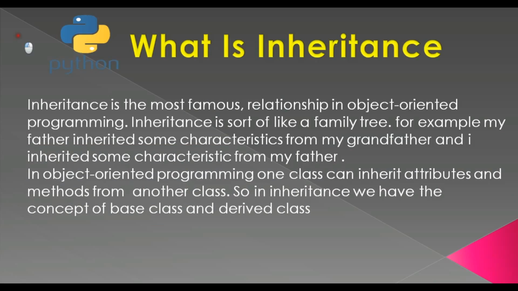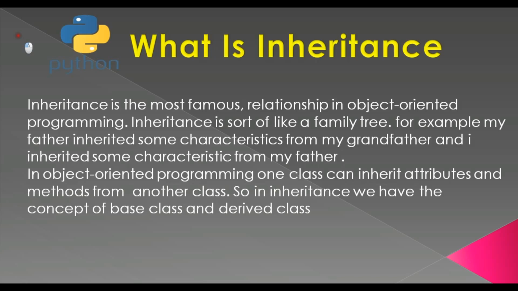Inheritance is the most famous relationship in object-oriented programming. Inheritance is sort of like a family tree. For example, we can say that my father inherited some characteristics from my grandfather and I inherited some characteristics from my father.